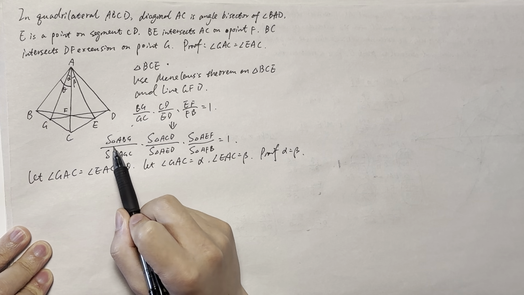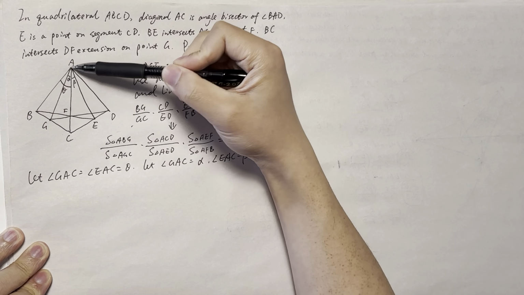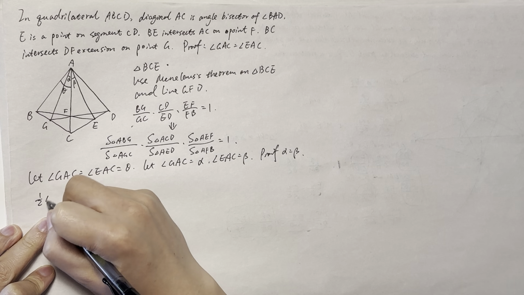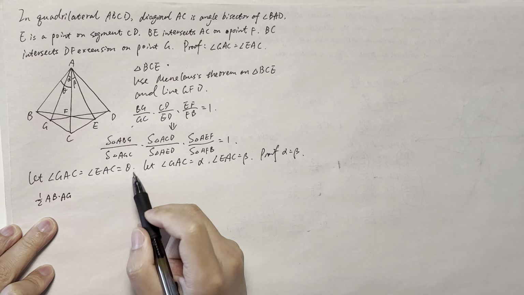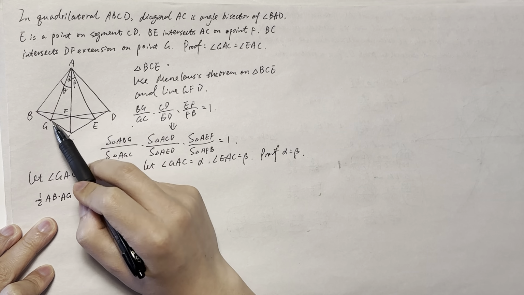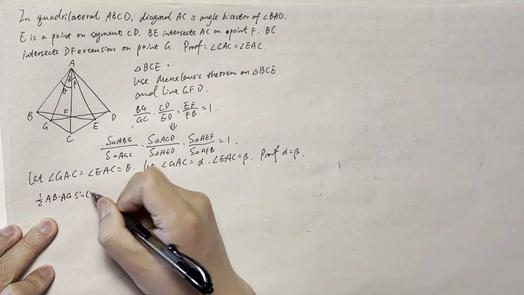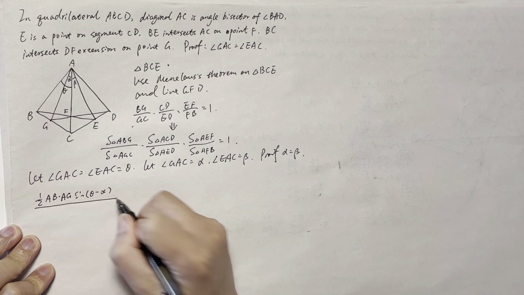We can expand the area of ABG to be half times AB times AG times sine of theta minus alpha.